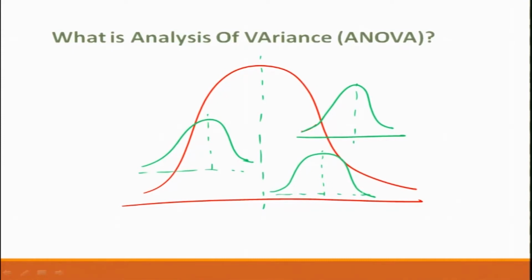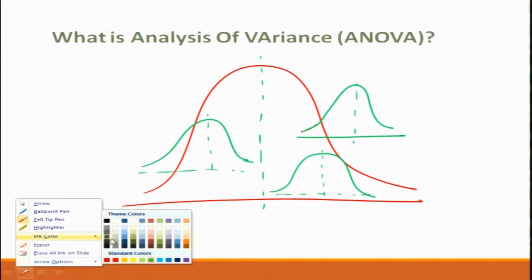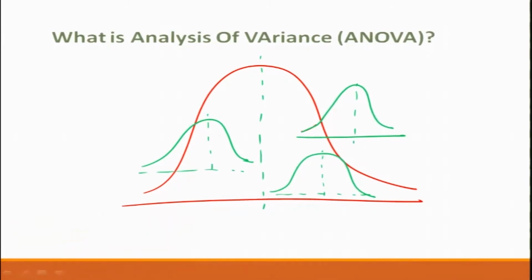Now, we can see there is a difference between the means of these groups. This is the difference in the means. This is the difference in the means. Now, is this difference significant? This is the question.